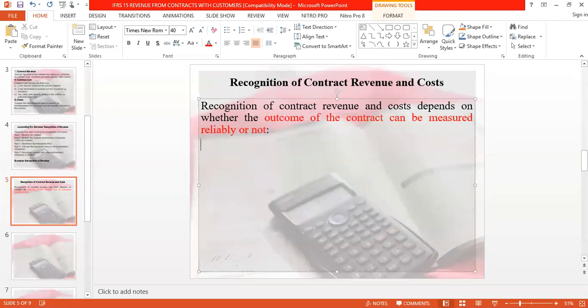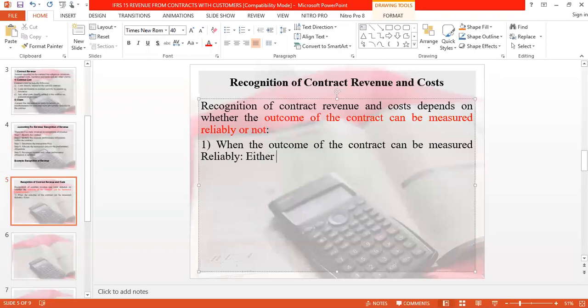So I'll start with number 1. When the outcome of the contract can be measured reliably. So this is the first point. If you are in a position to measure the outcome reliably, either profit or loss.